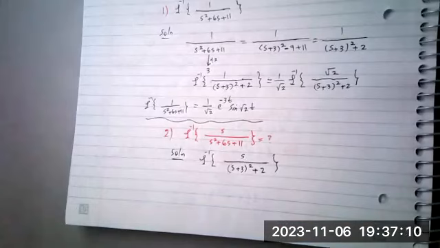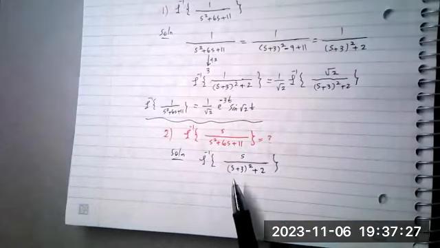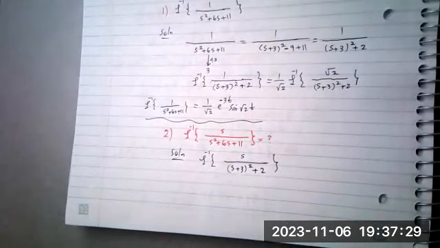Okay, so let's see what's the difficulty now. You see, you have to do it with the cosine. If you want to do it with the cosine, it is s over s squared plus a squared. But you're switching the s into the s plus 3, so everything must be consistent. So that s now is going to be s plus 3.